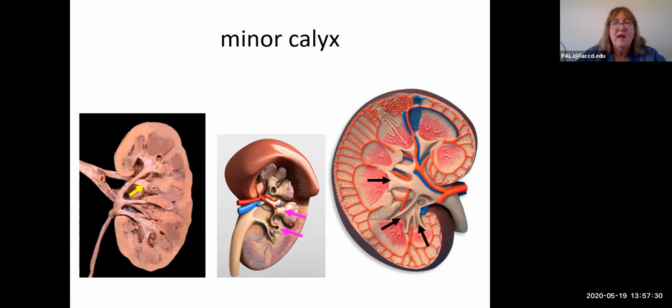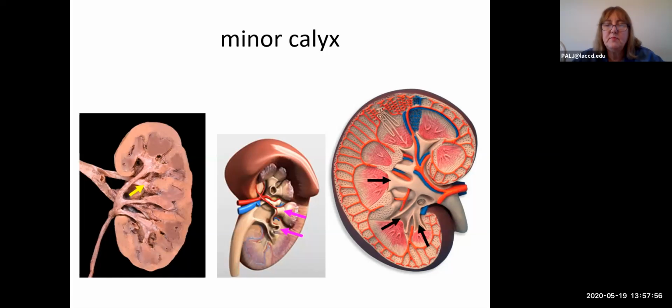All right, let's go back to the renal pyramids. As I said previously, this is where the urine is going to be draining from the papilla of the renal pyramid. And the structure that collects the urine is known as a minor calyx. And so each and every renal pyramid has a minor calyx.